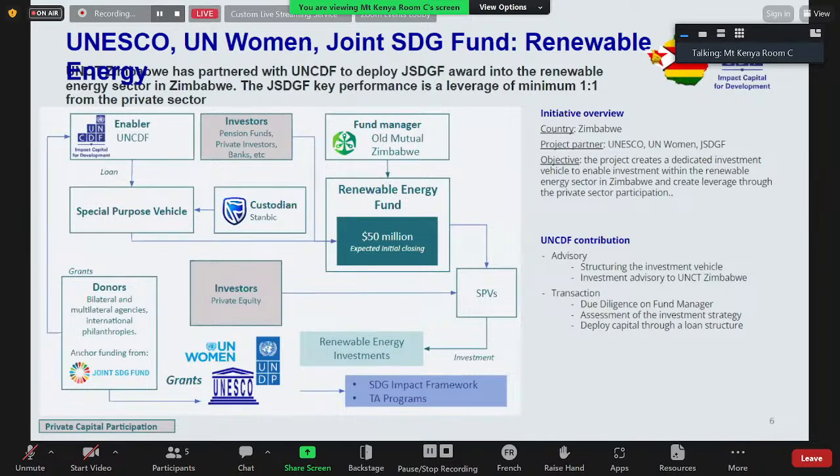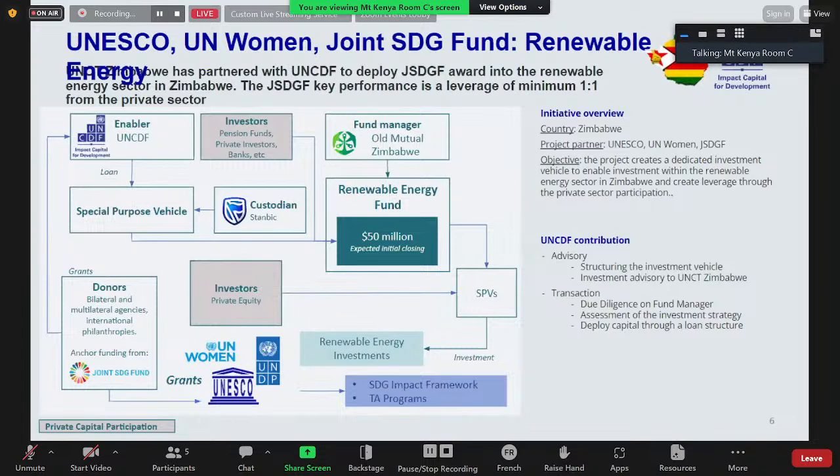UNCDF's role here was an enabler. What we did is that we onboarded two financial institutions, because it was not in our priority to go and work directly with the service provider in Zimbabwe, for different reasons. We wanted to play with the value chain of capital availability for this.